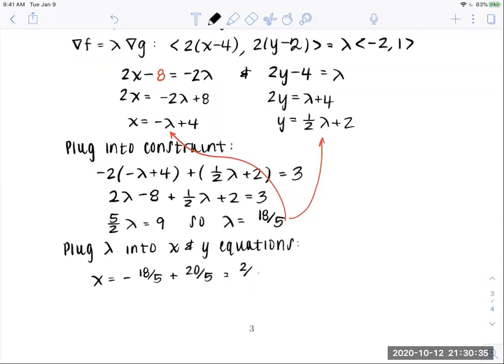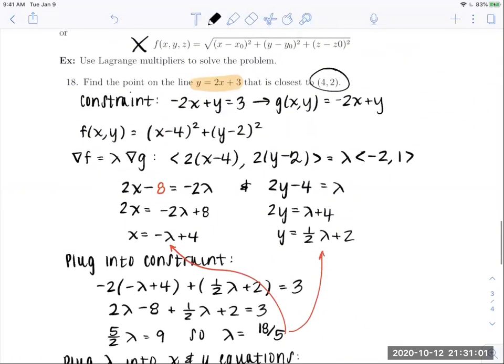So I get an x value of 2/5. Y is equal to 1/2 of lambda, so that's 18/10 plus 2, which is 9/5 plus 10/5 for a total of 19/5.